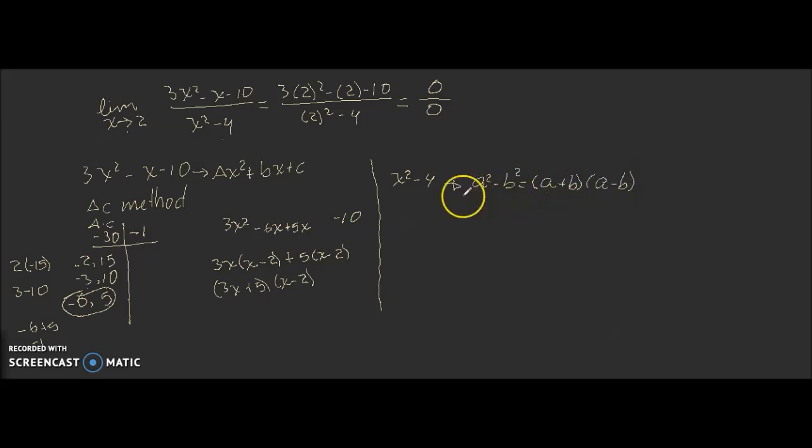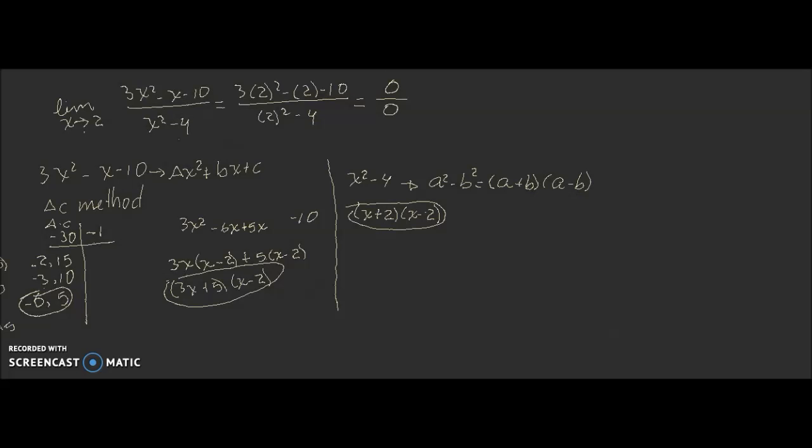We're going to take advantage of this formula here. So this is x squared and this is 2 squared. So this expression can be factored as the sum of the two times the difference of the two, x plus 2 times x minus 2. And this is what I'm going to use to replace these two expressions and get a limit that actually makes sense mathematically.